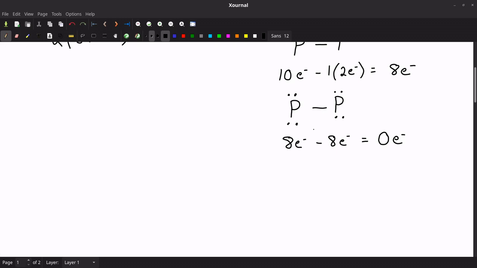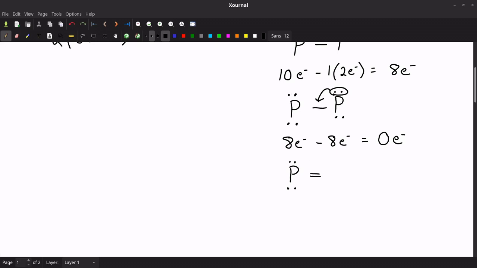There are a couple of different ways you could think about doing this, but what I'm going to do is imagine that this lone pair here comes down to form the second bond. I'm going to rewrite that now. So I have P with the 2 lone pairs. I just rewrote that.